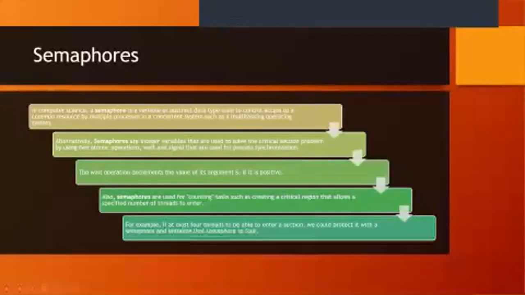Now, there is the semaphore. What is a semaphore? It is a variable. Remember that a semaphore is a variable or abstract data type. Why is it an abstract data type? Because it is not assigned a particular data type. It is not that a semaphore is an integer data type or float data type.